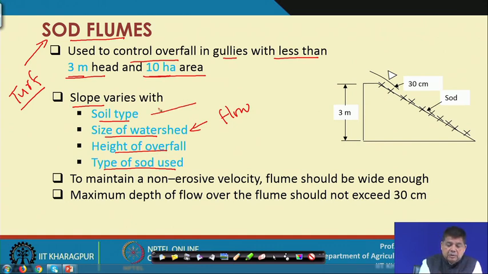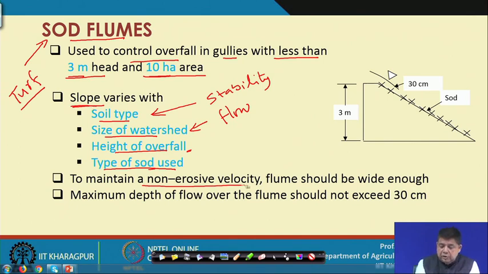Soil type relates to the stability of the slope, since we know the slope is always decided, even for bunds, based on the soil type. The height of the overfall will determine how much energy is to be absorbed, and the type of sod used is what kind of turf we are using. All these will govern the slope.